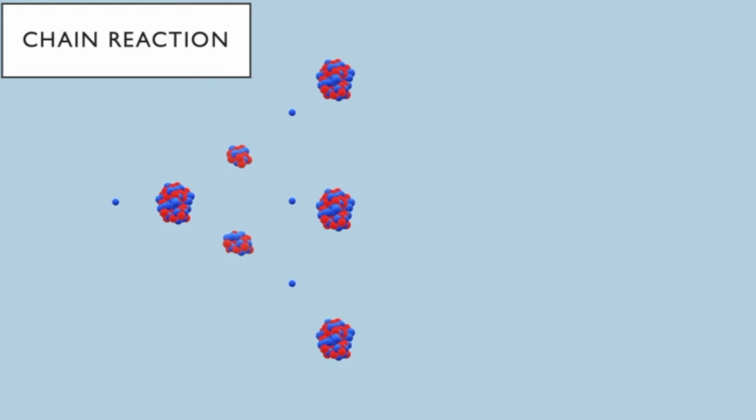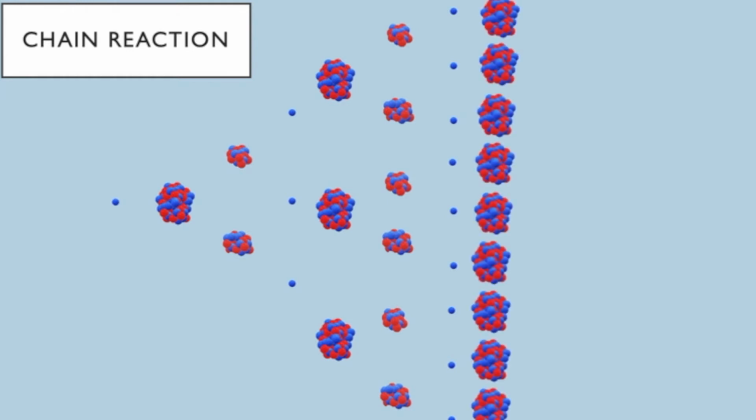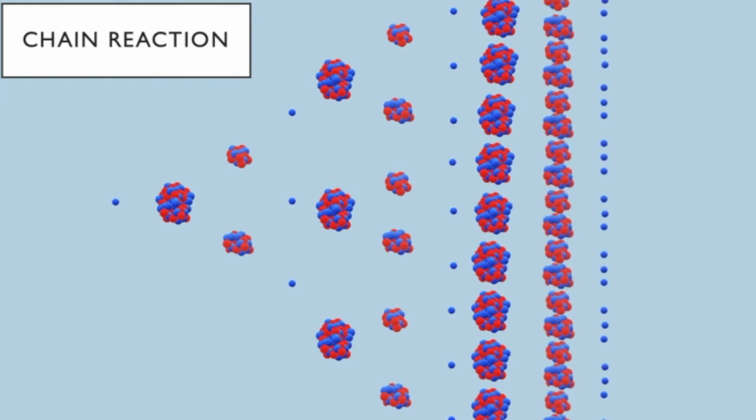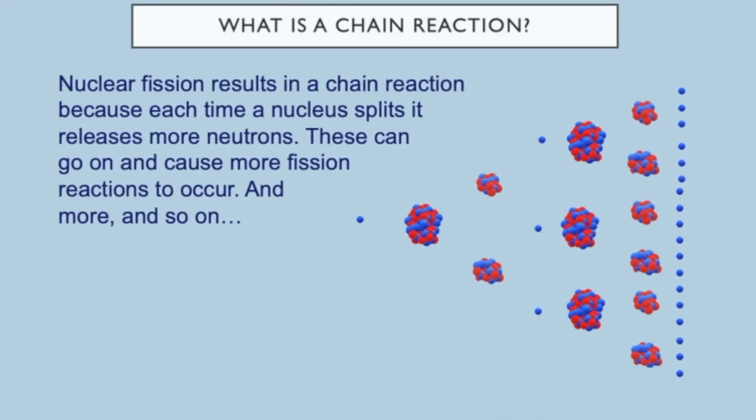Those neutrons then go on to be absorbed by other uranium nuclei in our fissionable material, which then split, and each of those splits into 2 and releases 3 neutrons as well. Those then go on to be absorbed by more nuclei, which split and release more neutrons. And this goes on and on as long as there is fissionable material for this to happen.